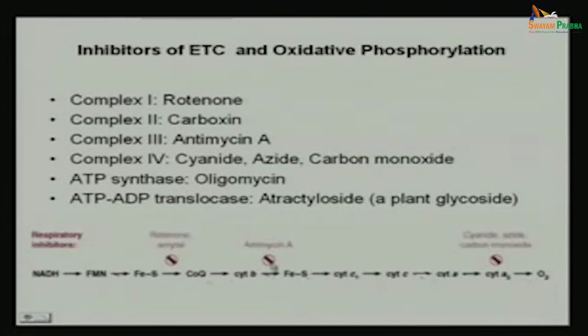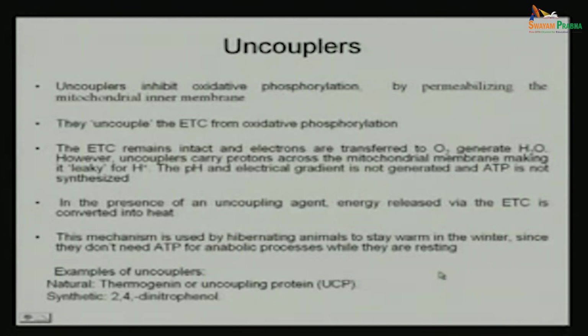Antimycin A inhibits this portion, and further continuation of the chain is stopped. Cyanide or azide stop it at cytochrome aa3. Similarly, ATP synthesis is also stopped by a series of inhibitors which inhibit the enzyme.